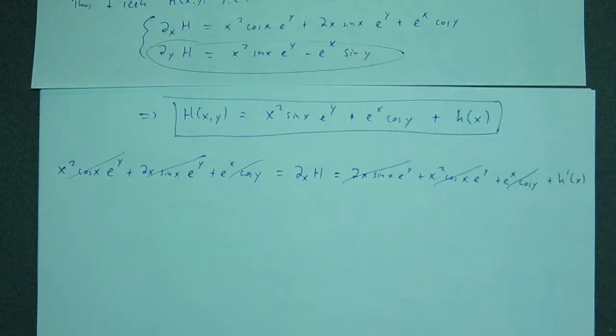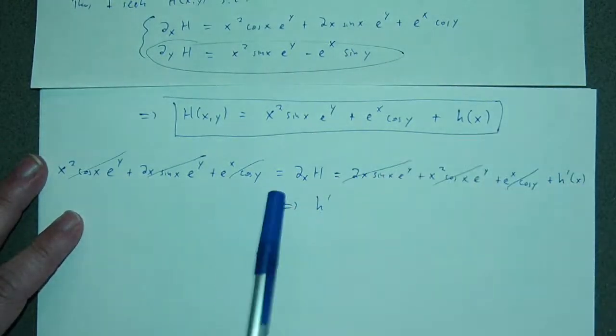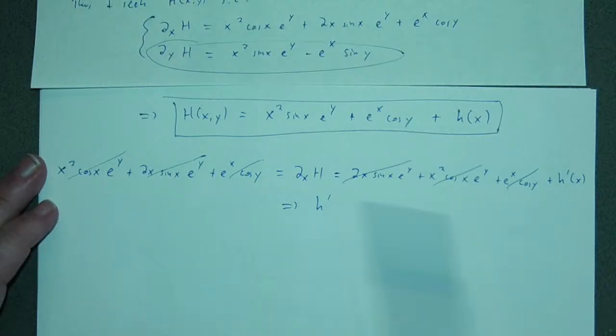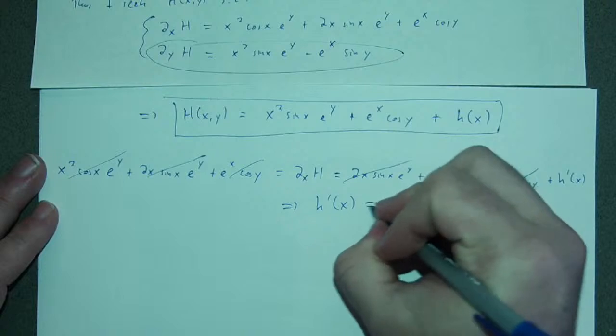If we'd done it the other direction, it should only depend on y. But since each term depends on both x and y, if I'm not going to be a liar to you, then every single one of these terms has to cancel if you've done this properly. And it does. If we had ended up with terms here that only depended on x, then that wouldn't be the case. But here, since each of these terms depended on both x and y, we knew that it has to work out like this.